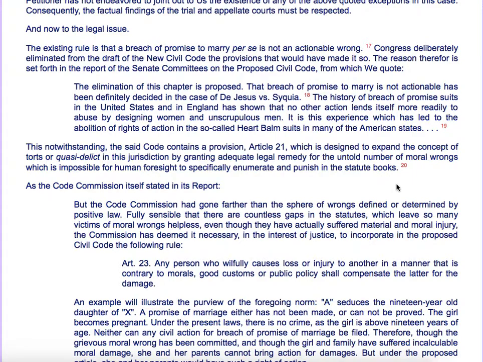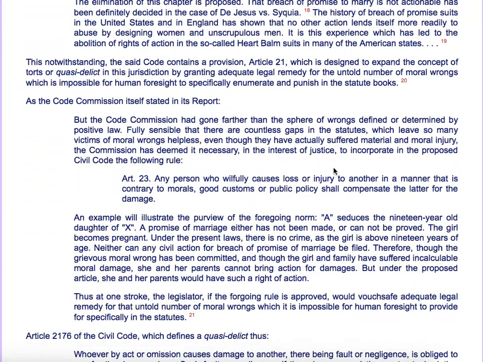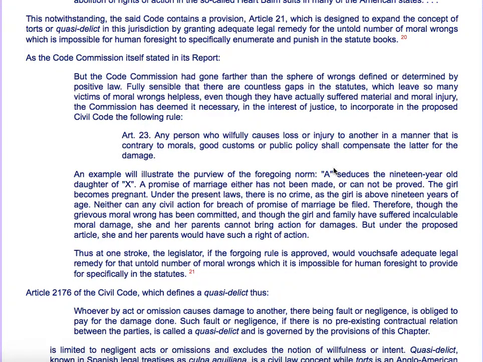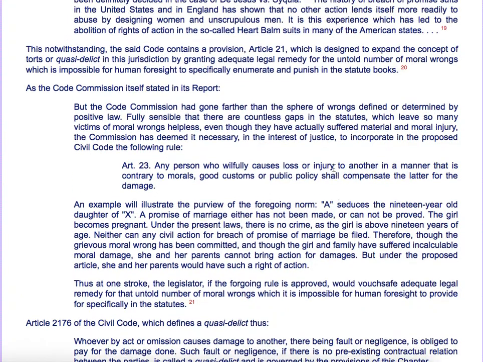If you kick your dog, your neighbor's dog, you're liable. No. So what they did was, they made Article 21 to actually impose the liability on those who, in essence, are not treating their other fellow men fairly. All right.